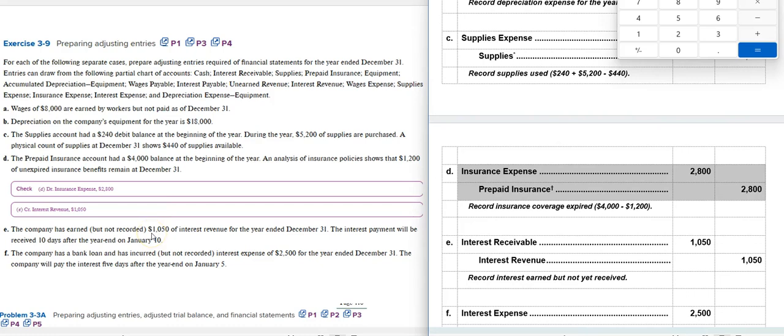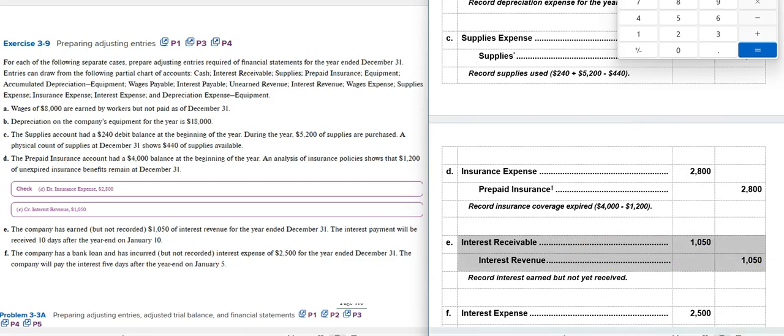So our adjusting entry will be to increase our revenues with a credit and increase our receivables. We have a revenue earned for which we have not been paid. So we will debit interest receivable, increasing that asset, credit the interest revenue to increase our recorded revenues for the year.